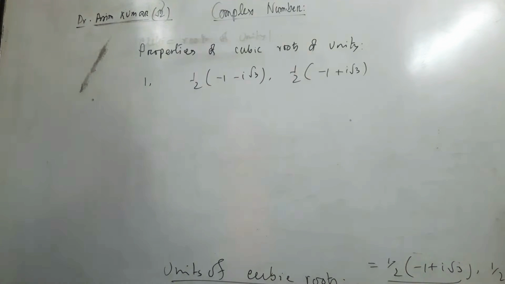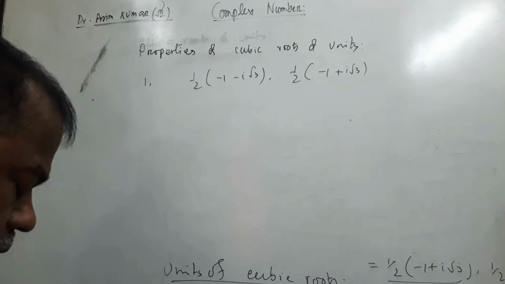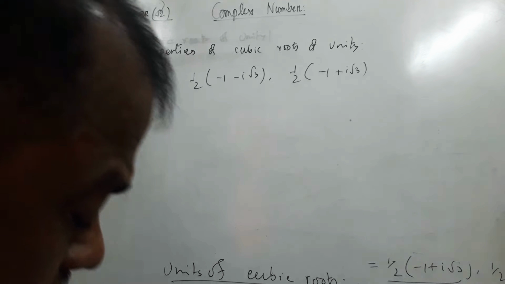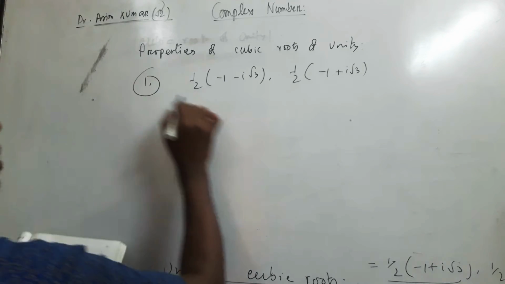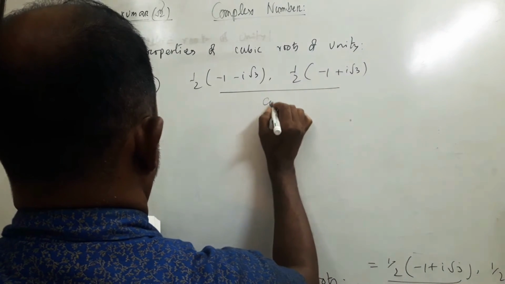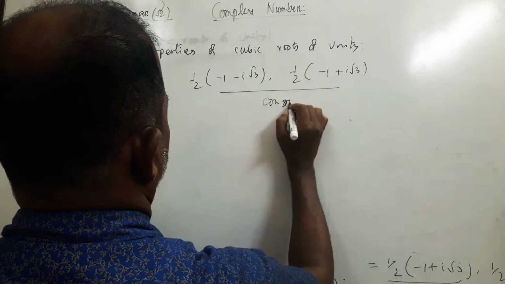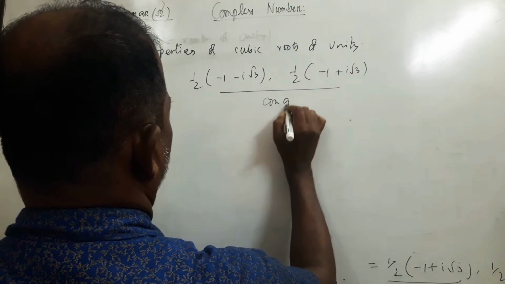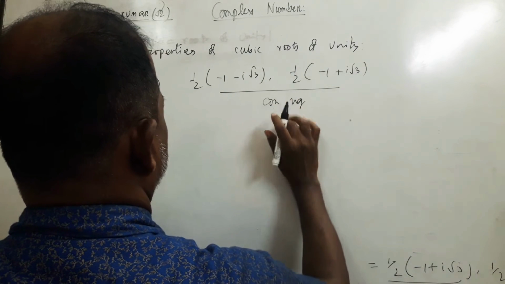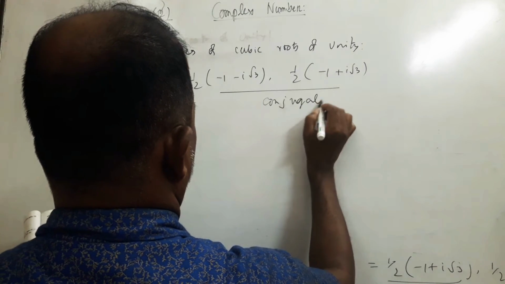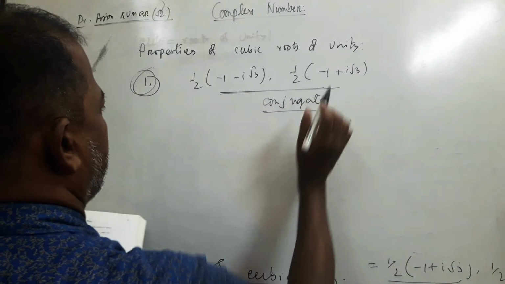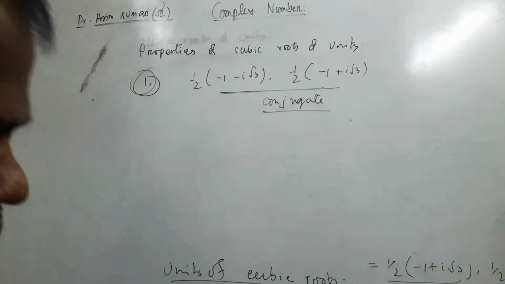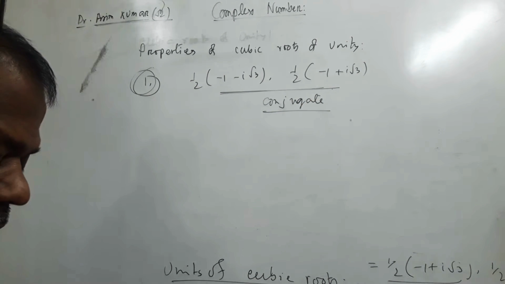The two roots are conjugate, but one is separate and is a real number. These roots are conjugate, and 1 is the real number.